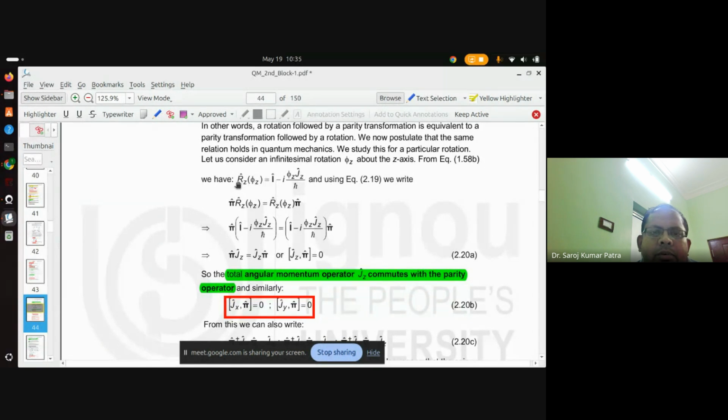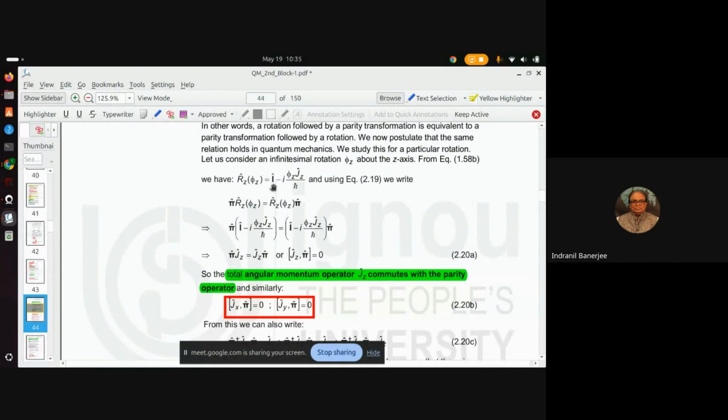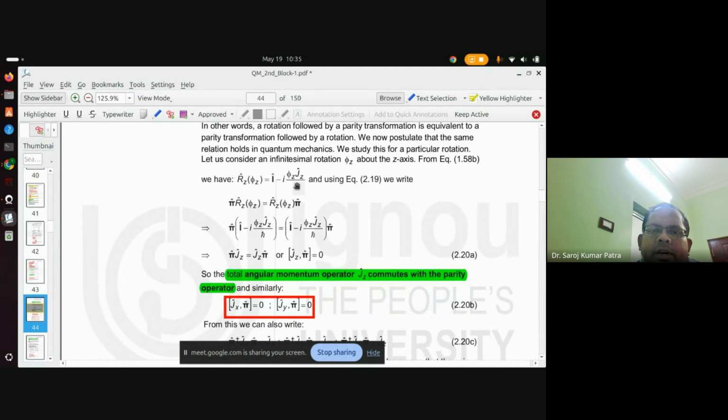For total angular momentum, Rz is the operator for the z component of total angular momentum. In that case, it will be e to the power minus i phi Jz by h cross, the total rotation about the z axis. If we evaluate, then pi Jz will be equal to Jz pi, so the commutator of Jz and pi will be equal to 0.